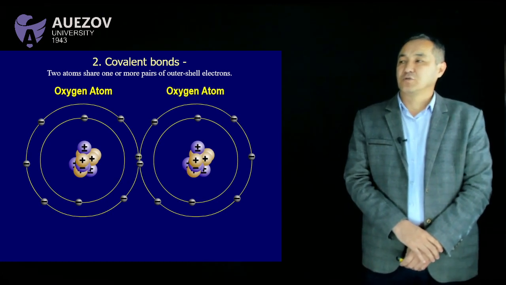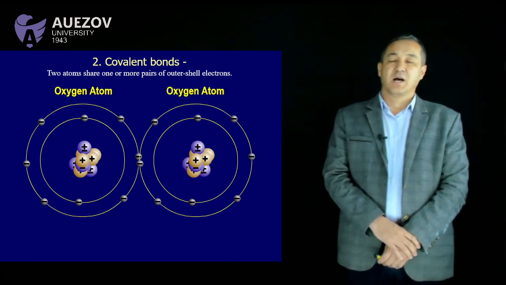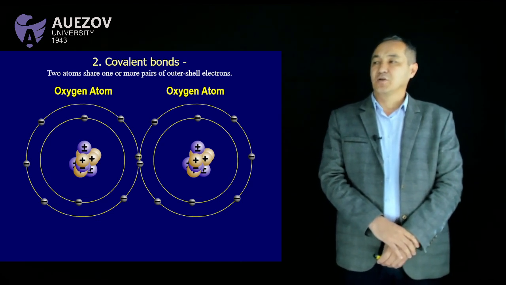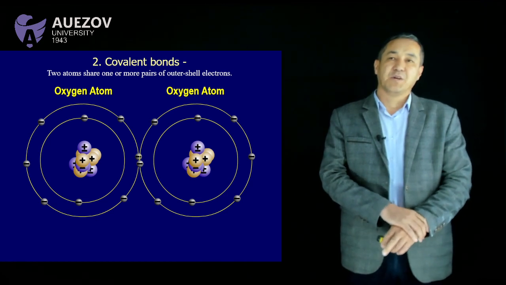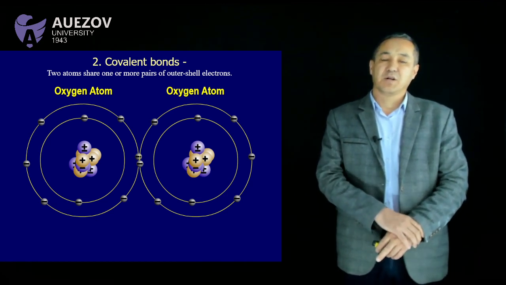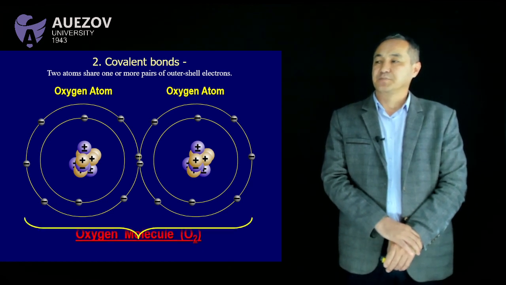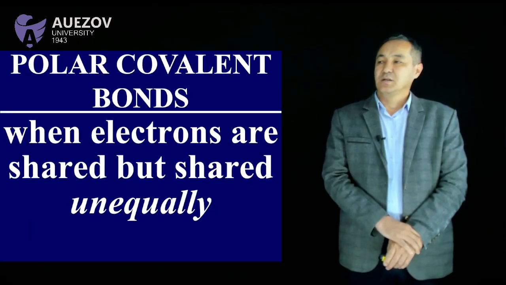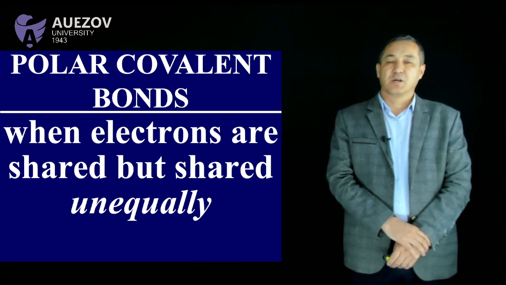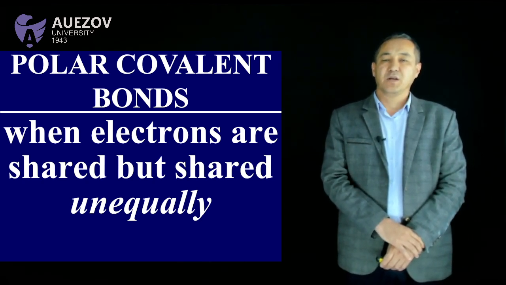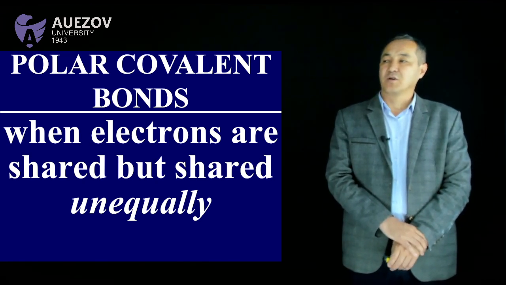In covalent bonds, two atoms share one or more pairs of outer shell electrons. For example, the chemical process between oxygen atoms. As a result of this reaction, we can see the formation of an oxygen molecule.